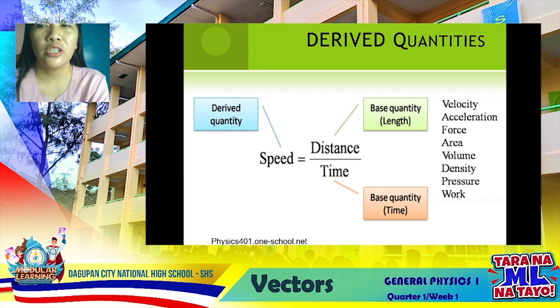Such a definition is called an operational definition. Thus, we might define the average speed of a moving object as the distance traveled divided by the time of travel. This particular quantity is known as a derived quantity. Derived quantities are products or quotients of the base units.